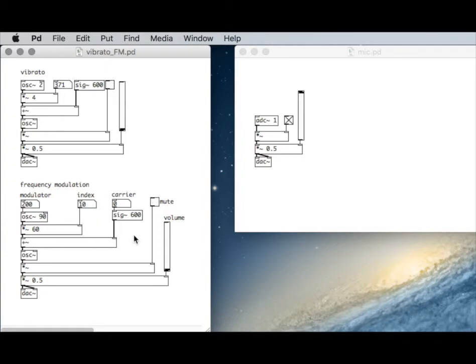With a low index, the strongest sidebands will be at 400 and 800, because those are 200 on either side of the 600 value. And as the index increases, we start to hear more sidebands.